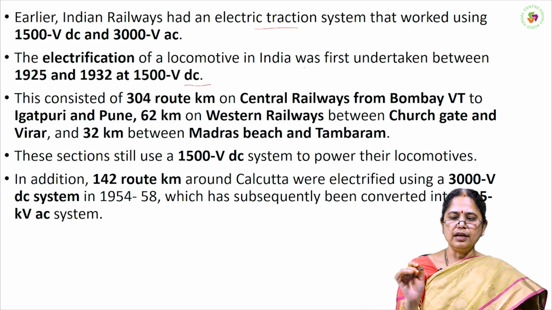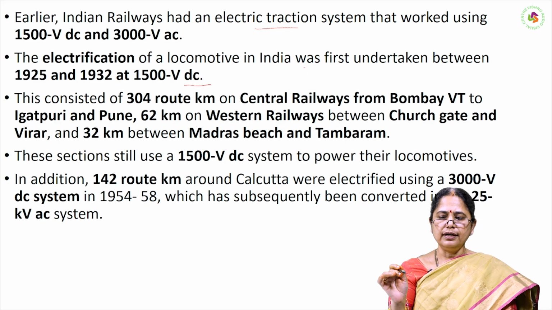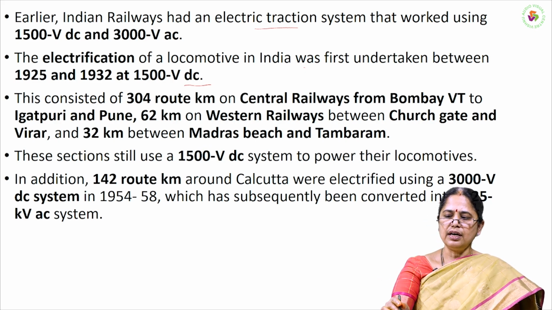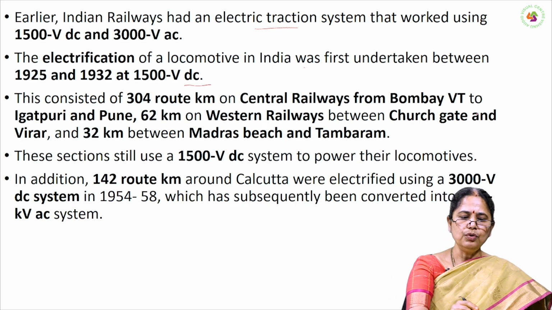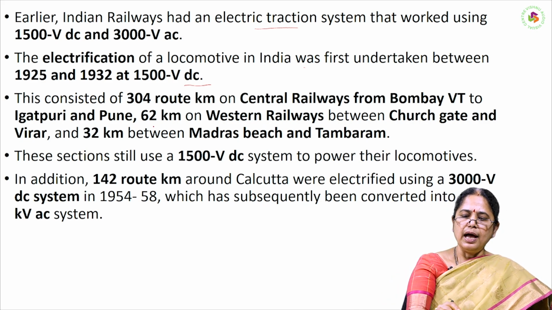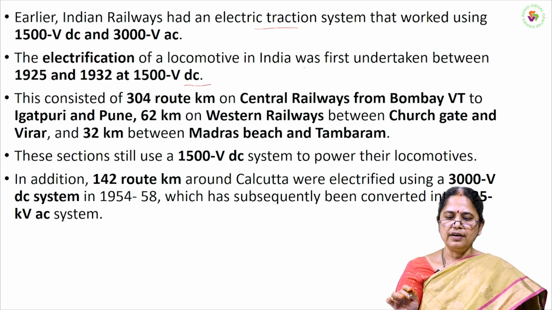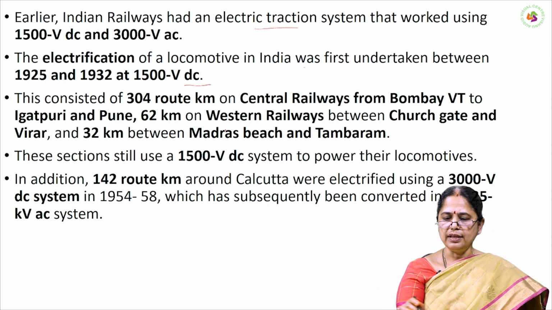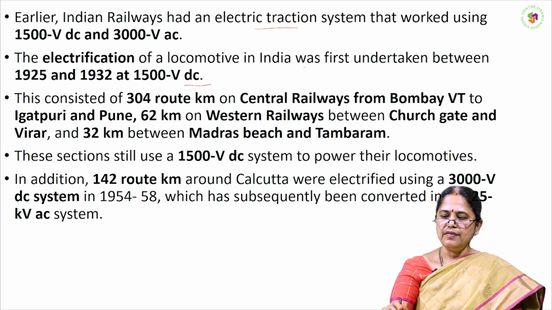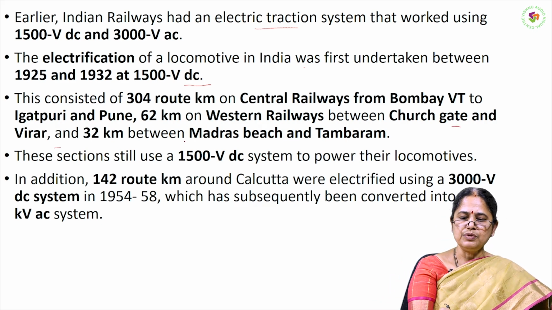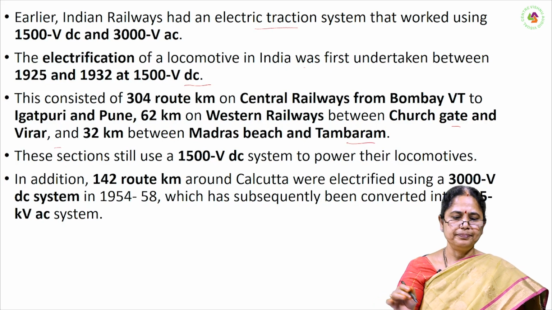There are different routes that were electrified. Those routes are Central Railways from Bombay VT to Igatpuri and Pune, where 62 route kilometers of electrification has been done; Western Railways between Churchgate and Virar; and 32 kilometers between Madras Beach and Tambaram.